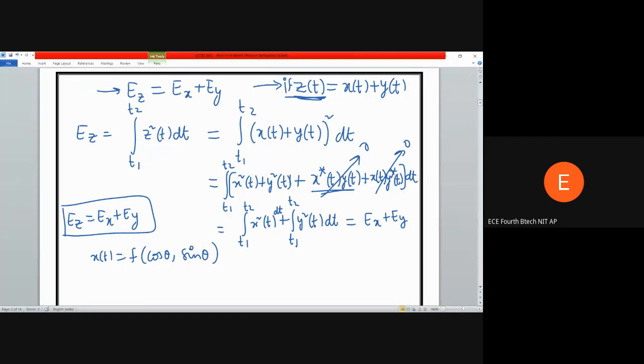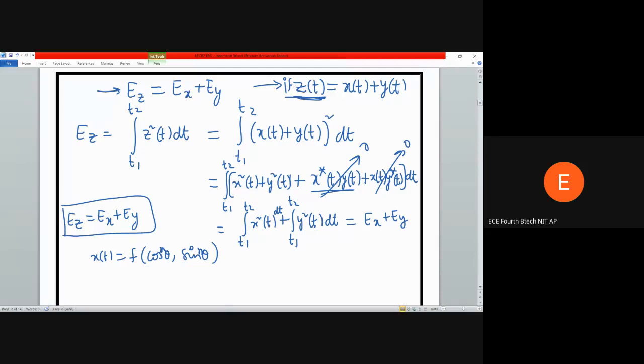Each cosine function I can write as cos n theta, because n is going to vary from 0 to infinity: cos 0 theta, cos 1 theta. Cos 0 theta is 1, and 1 and cos theta are orthogonal in nature. 1 and cos 2 theta are orthogonal, 1 and cos 3 theta are orthogonal to each other. Likewise, 1 and sin theta are also orthogonal, and 1 and sin 2 theta are orthogonal.